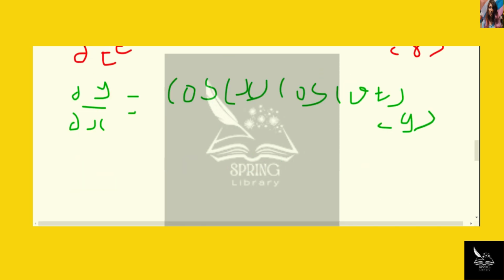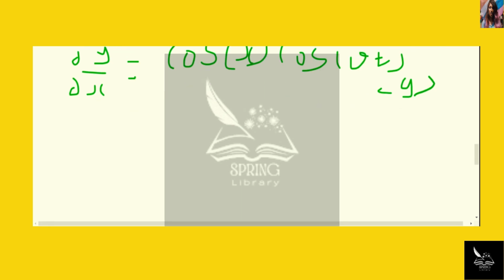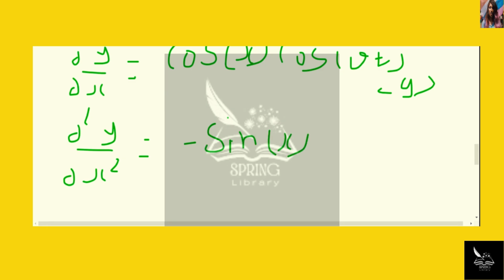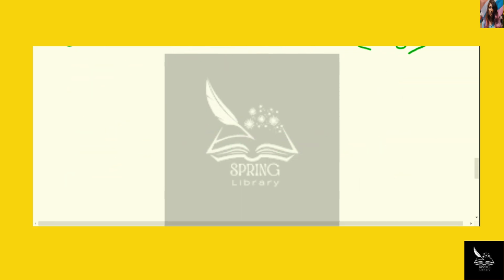Again we are going to differentiate equation 9 with respect to x, that will give us del square y over del x square will be equivalent to minus sine of x times cos of vt. Let's say equation 10.